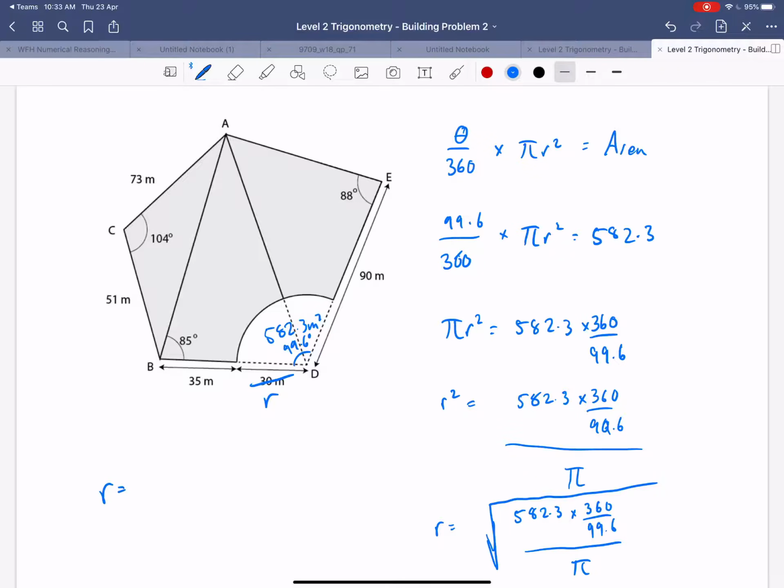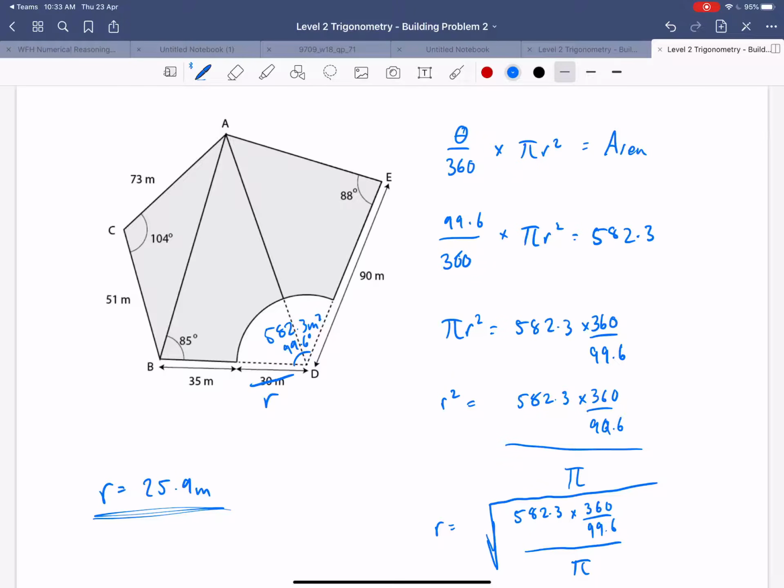Oh, yeah, square root fraction 582.3 times fraction 360 over 99.6 divided by pi. Ooh, what have I done? Wait. Divided by pi is 25.9 meters.